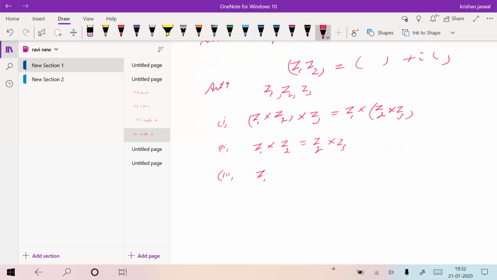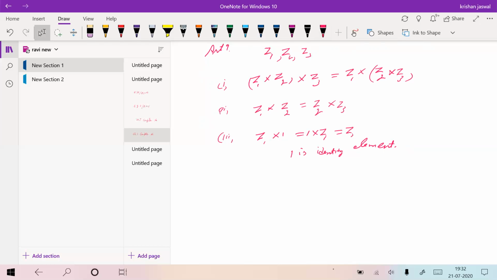Any complex number Z1 multiplied by 1 gives Z1 as the answer, therefore 1 is the identity element. 1 is also its own multiplicative inverse in the complex numbers. And 1 is a unique element.